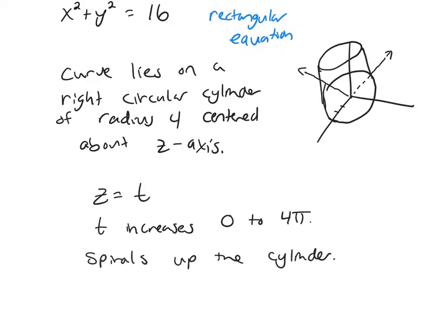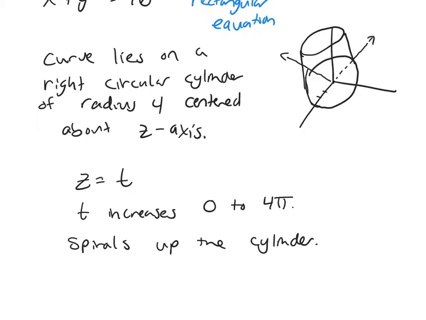So if I plug in 0, you'll see that my curve is going to start right here, and then it's going to go around. So it's going to climb up the cylinder, and as it's climbing up, it's going around the outside of the cylinder. It's going to stop right here at the point (4, 0, 4 pi).